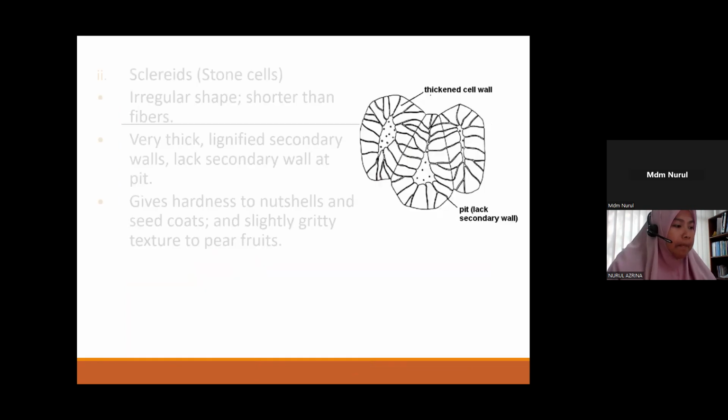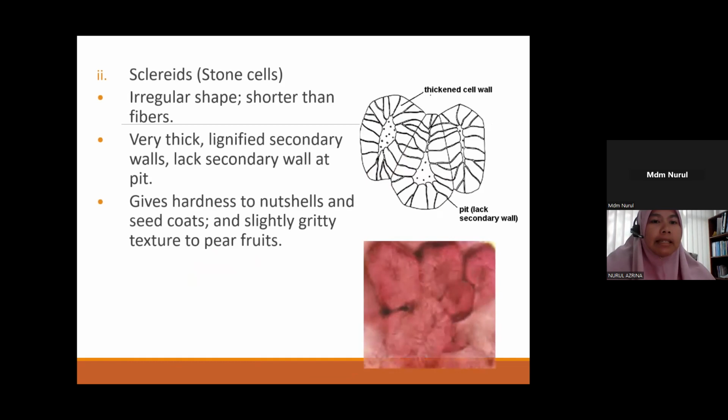Okay, and then the second type is sclereid, or we call it a stone cell. A stone cell has an irregular shape and it is shorter than a fiber. It is very thick due to the lignified secondary wall, and it lacks secondary wall at pits. What does it mean to lack secondary wall at pits?